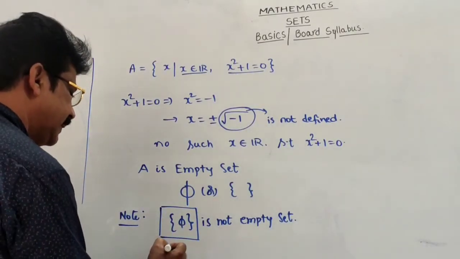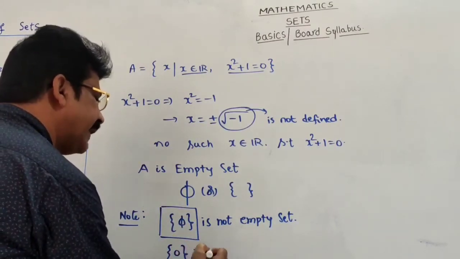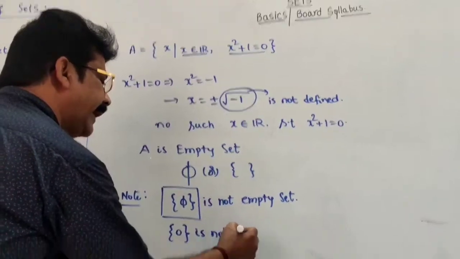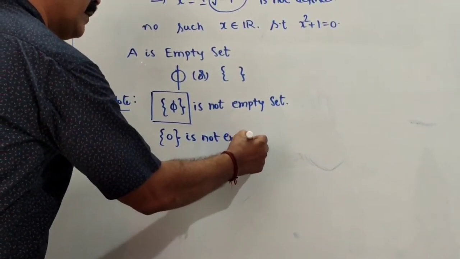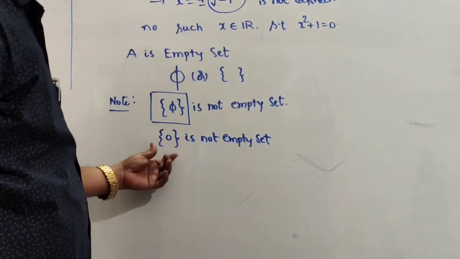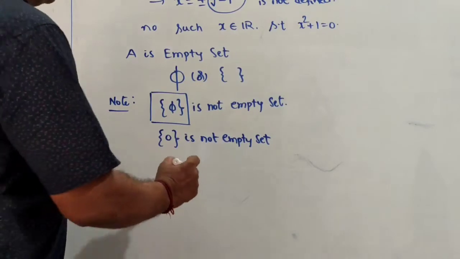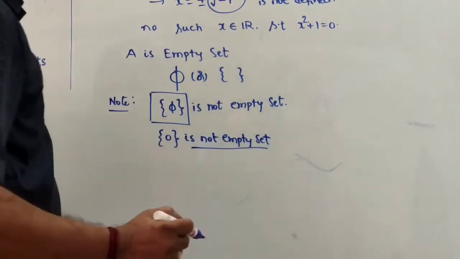Similarly, the set of 0 is not an empty set, because this set contains one element, 0. Therefore, it is not an empty set.